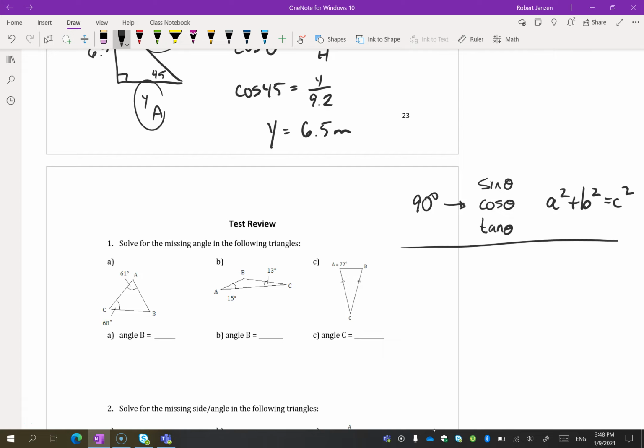If it's an oblique triangle, though, which most of them will be in this unit, you're going to ask yourself, do I use sine law or do I use cos law? And how do you know which one to use? Well, that's the trick. That's the key to what you need to learn.